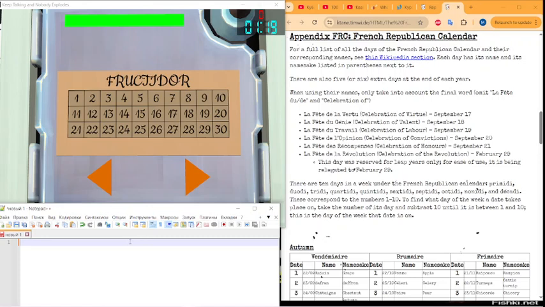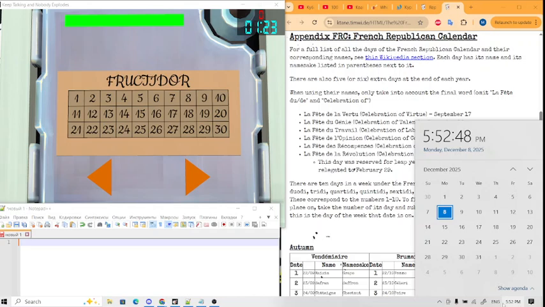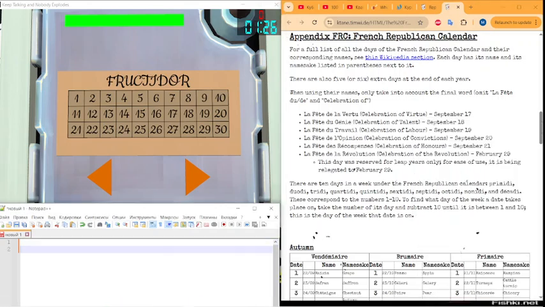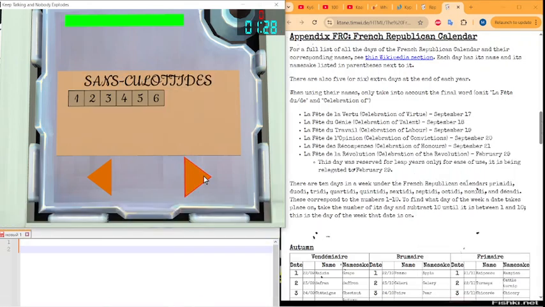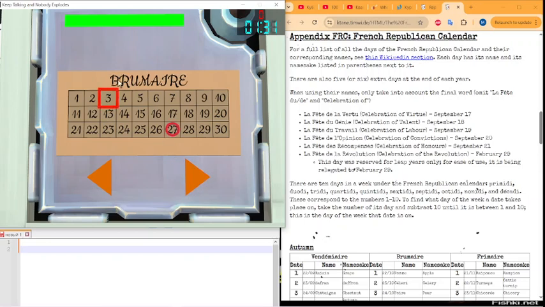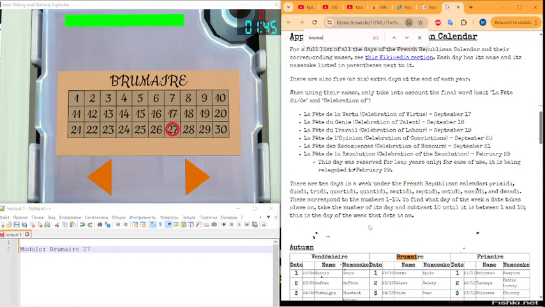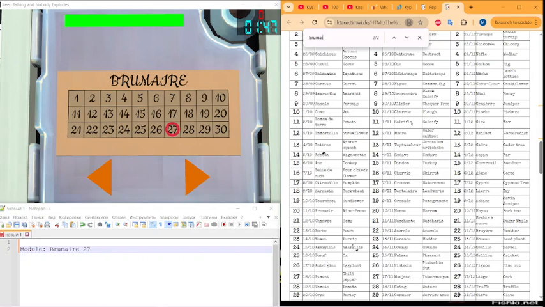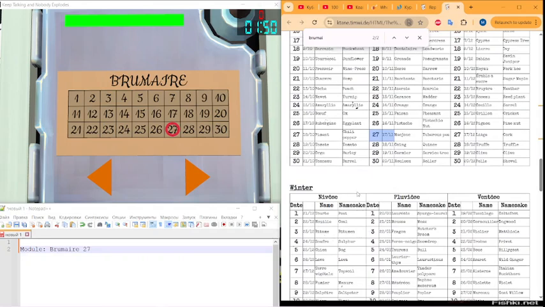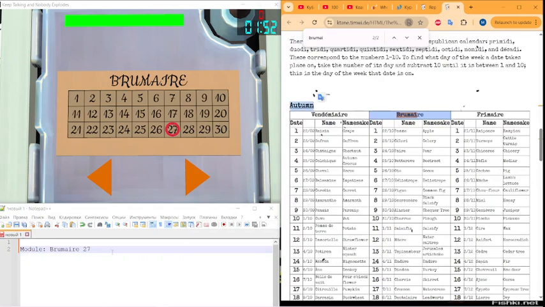So our goal is to write down all the information about the current date, which would be 8th of December, and the module date. The module date is circled. So it's going to be on the module Brumaire 27, which I'm going to look up in the table and write down all the information, including the season.